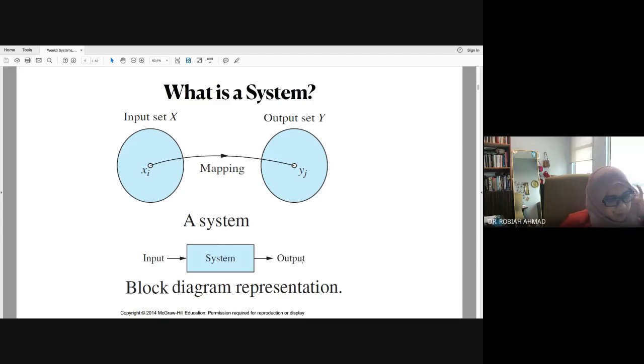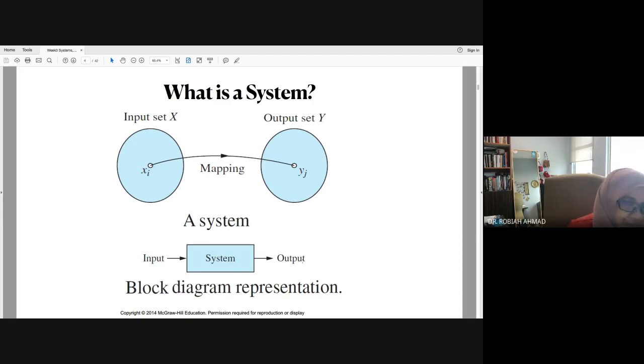The input and output space may be continuous or discrete, and these sets may also be finite or infinite, bounded or unbounded. These are the things that we're going to look into.